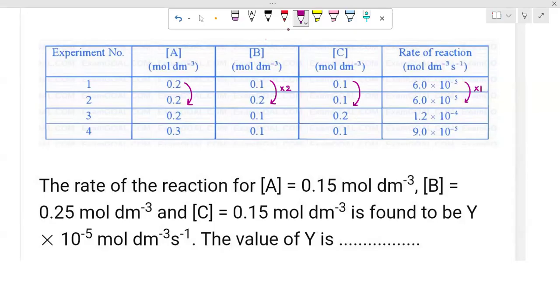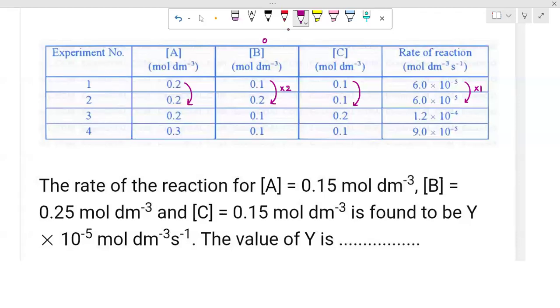So even though I have doubled the concentration of B, my rate has not changed, and hence doubling the concentration of B has no effect on the rate of the reaction, and hence it is zero order with respect to B. Correct? It's zero order with respect to B.